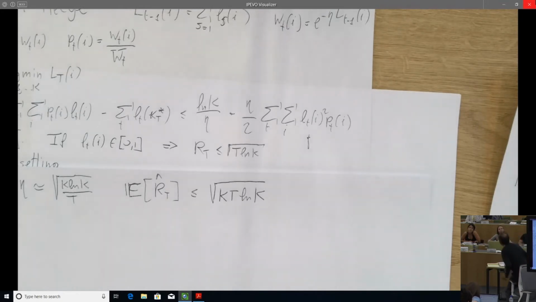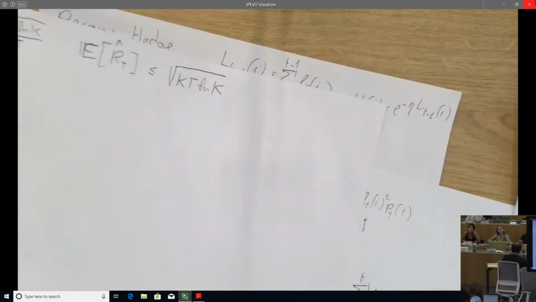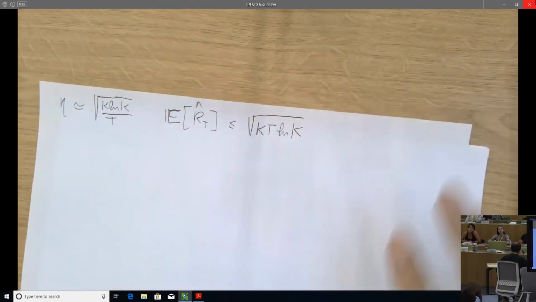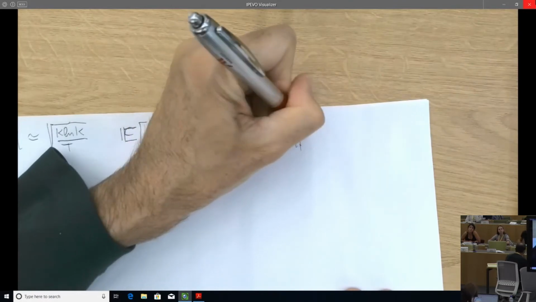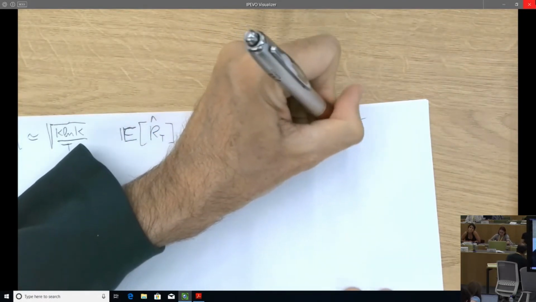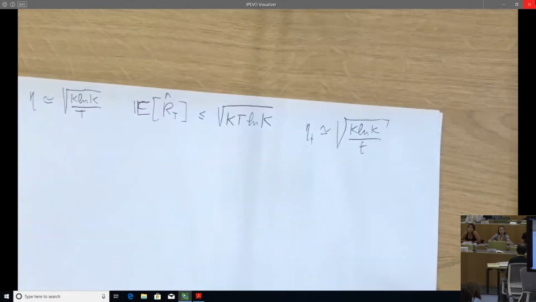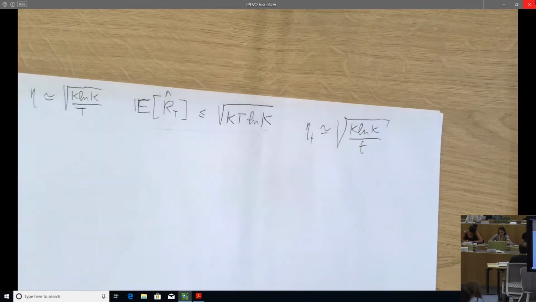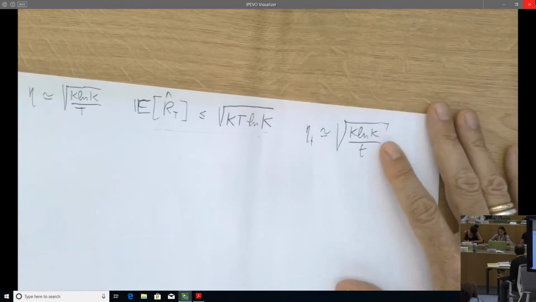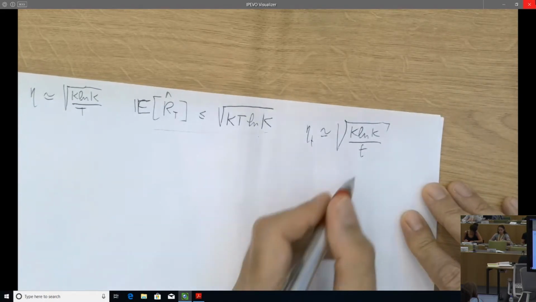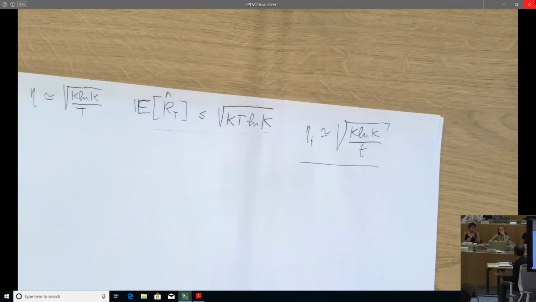You can definitely play the tricks we did before, choose eta_t of the order of square root of K ln K divided by little t, and have dynamic tuning as we did in the previous case, and get this bound simultaneously for all horizons capital T. So there is not much issue in tuning for a specific horizon, because you can choose this dynamic tuning and things will work out with a bit more math around. Any questions up to here?